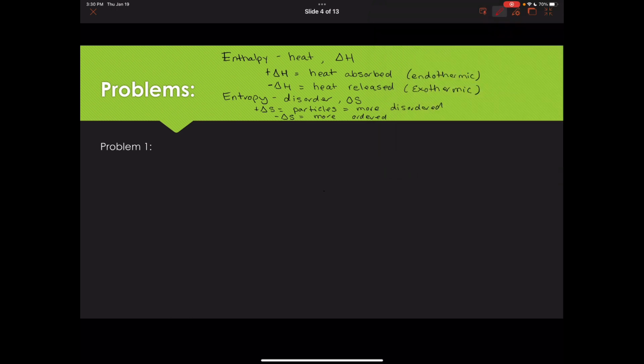So if we look at some phase changes, we can go from solid to liquid to gas. So your worksheet only looks at some specific phase changes. We're going to go ahead and look at all of them. So solid, liquid, gas.